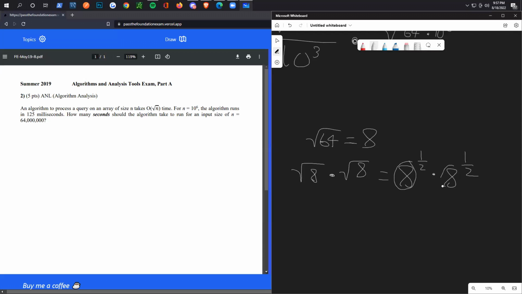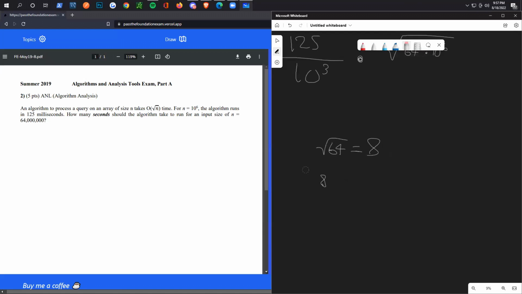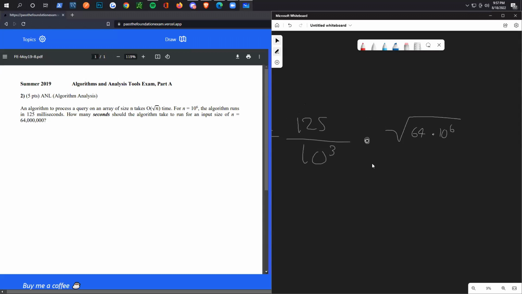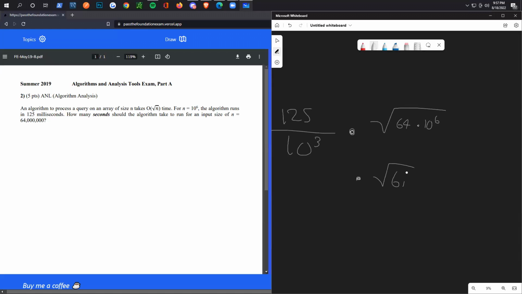Remember what happens when you have the same base: b to the x times b to the y equals b to the power of x plus y. So this is just going to be 8 to the 2 over 2, which is just 8 to the 1. So you can break up the square root into literal segments, into 2 multiplications. You can set this up as square root of 64 times square root of 10 to the 6, and it's the same thing as this right here. I hope that makes sense.